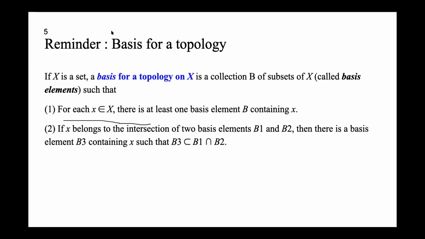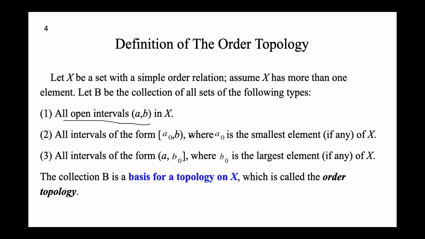So to check and see if B is a basis for an order topology on X, we'll have to check that every element of X lies in at least one element of B. Right. So we have to check that x is in one of these intervals that we just saw here. And if there is any smallest element, it has to lie in the second type of sets here.